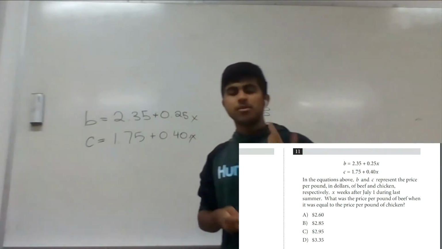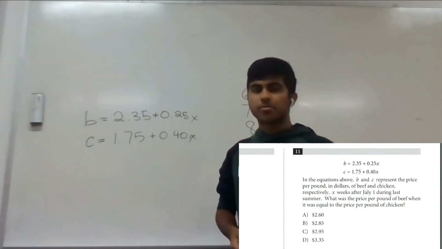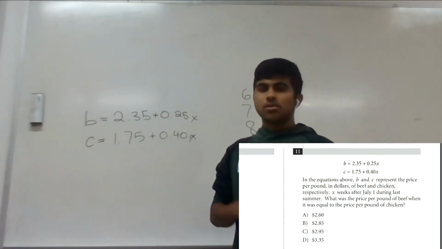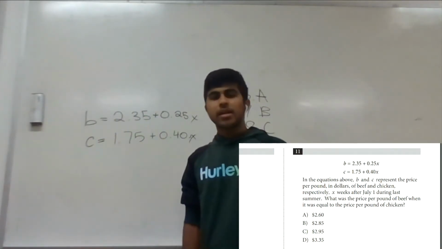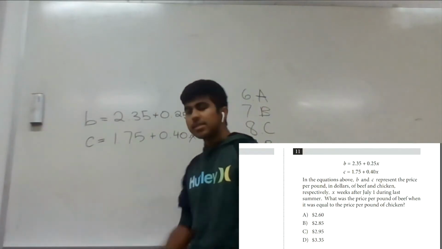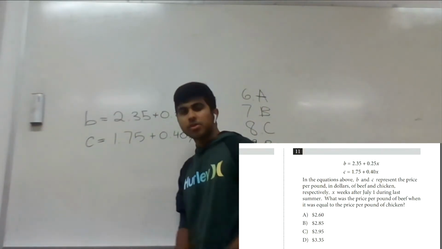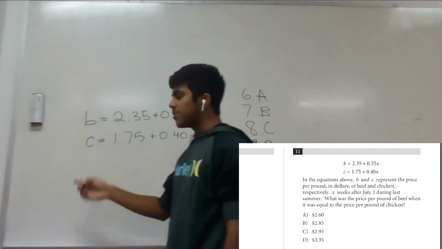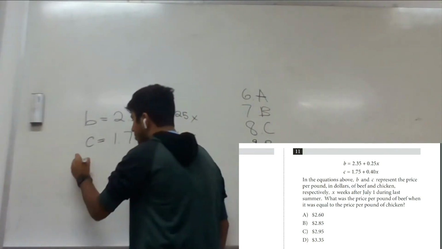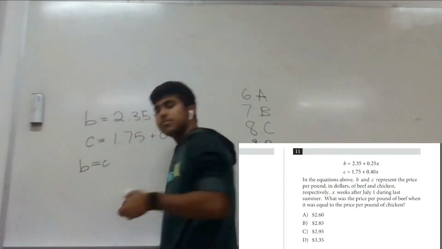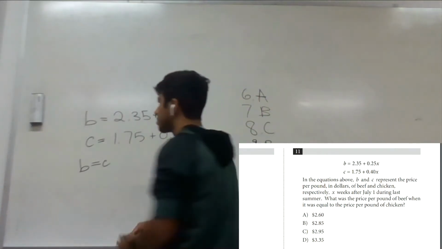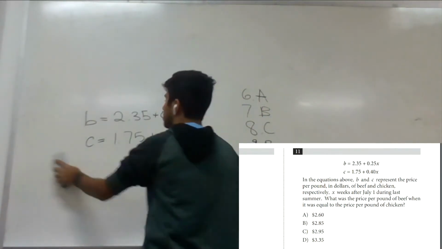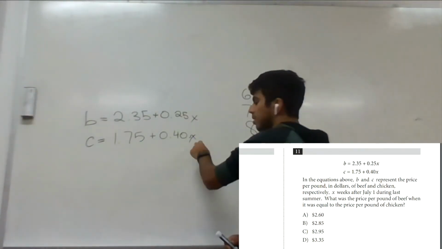So what was the price per pound of beef when it was equal to the price per pound of chicken? This is the price per pound of beef, and this is the price per pound of chicken. We're asked, what is B and C when they were the same? So we're just trying to find B or C when B equals C. We can just set these two equal, because this is a function in one variable at that point.